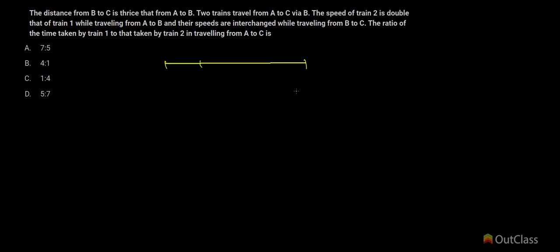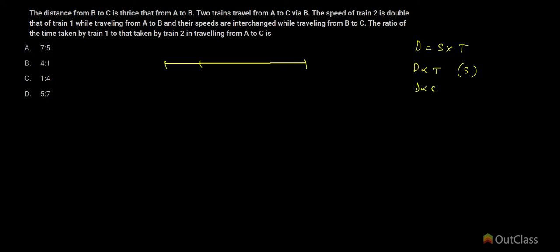Now people would tag this as a time and distance question, but there's not much time and distance happening here, much concept wise. It's mostly just direct and inverse proportionality. Obviously you should know the basic proportionalities there. Distance is speed into time means that distance is proportional to time when speed is constant.